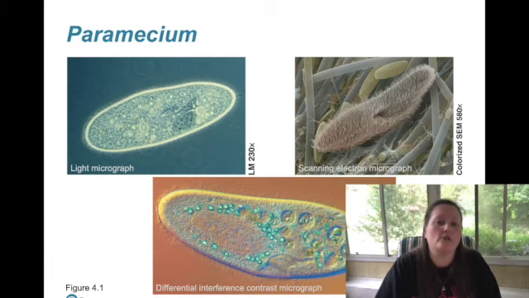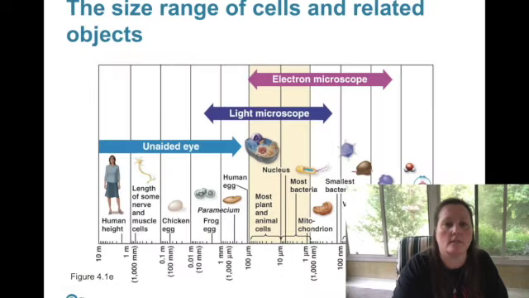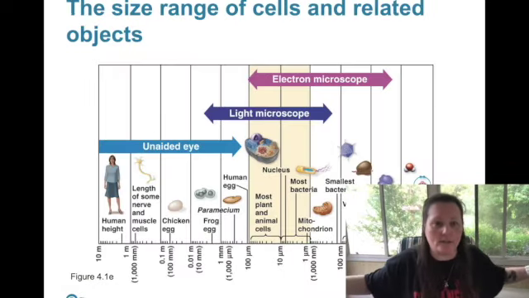And then differential interference contrast micrograph. So here's where they actually added some stuff to make stuff pop out in the image. Notice this is 230 times, this one's 380 times, this one is 580 times for the sizes. This is the part about the resolution.